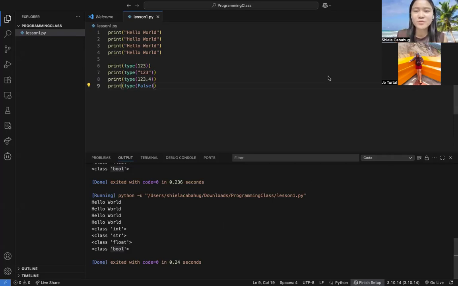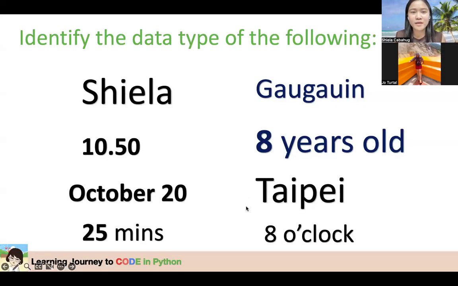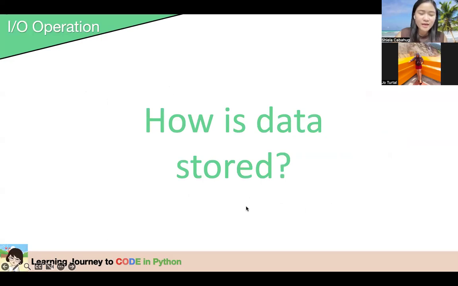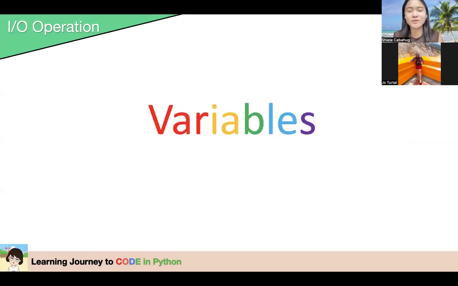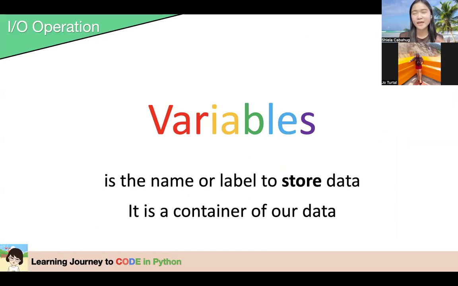Okay. So now that we have data, how does the computer store it? Our data is stored by the use of what we call variables. So these variables are just what we call labels to store it. They're the containers of our data.